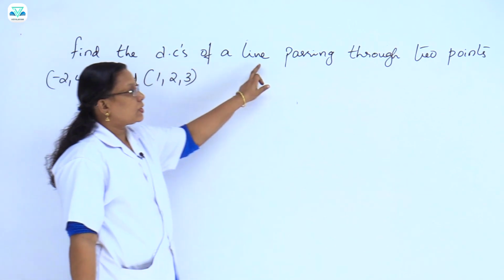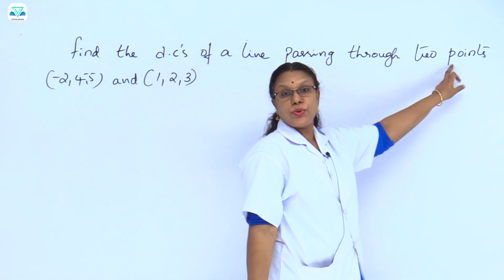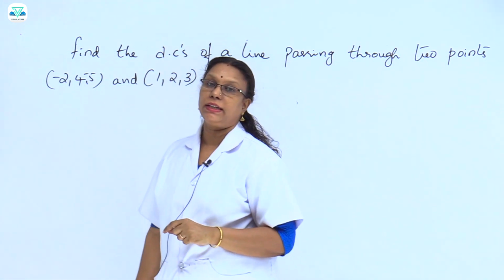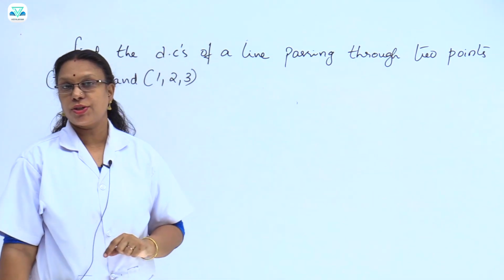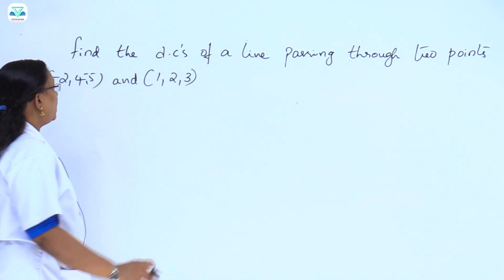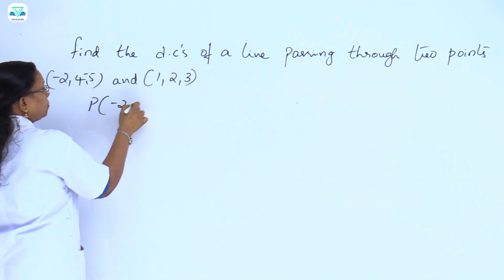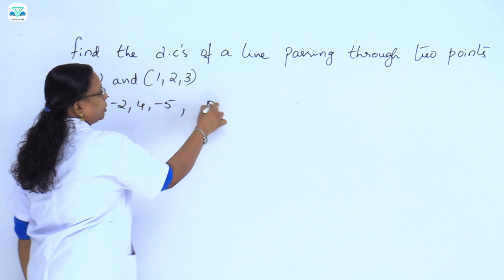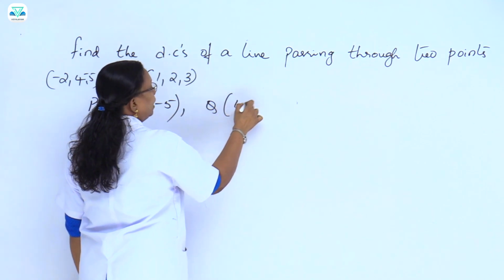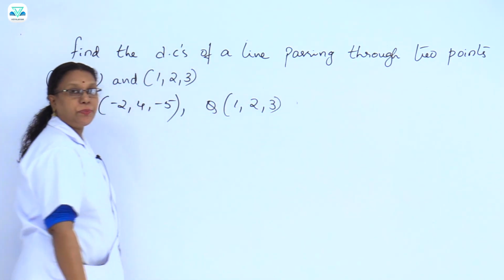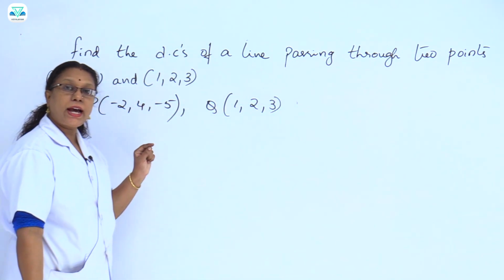Find the direction cosines of a line passing through 2 points. If 2 points are given, how can we find its direction cosines? So let P be the point minus 2, 4, minus 5, and Q be the point 1, 2, 3. These are the 2 points, and the question is its direction cosines.